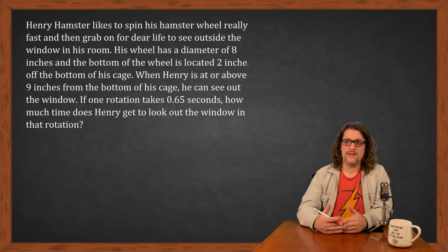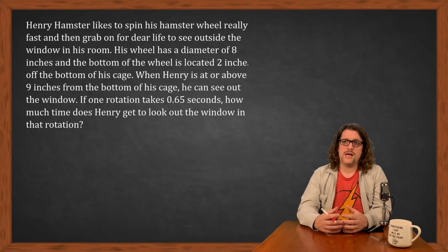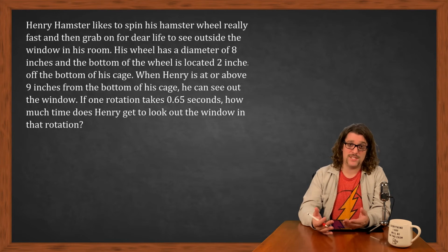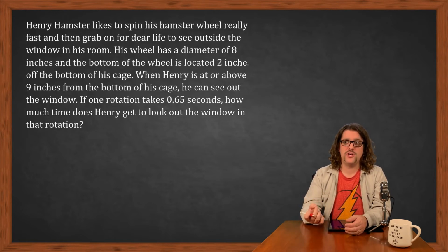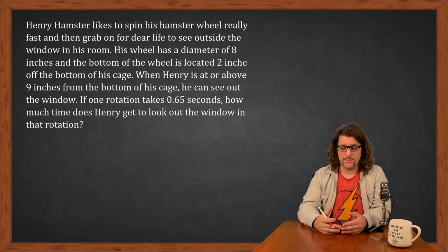If you were trying to find a time relative to the start, that would matter a lot, but in this case, we're trying to find a time period between a couple of points. Specifically, the point when we reach 9 inches from the bottom of the cage, and the point at which we then descend below 9 inches from the bottom of the cage a little bit later.